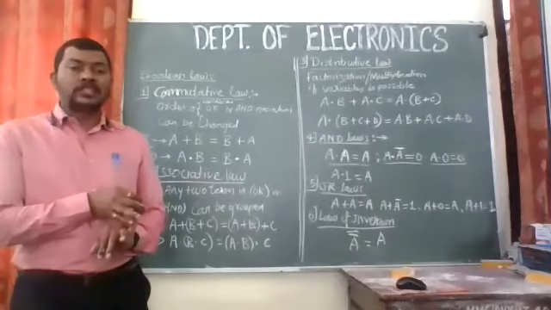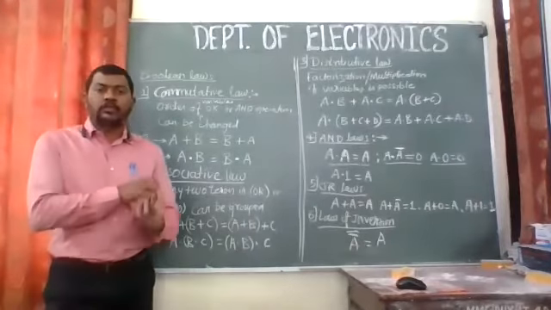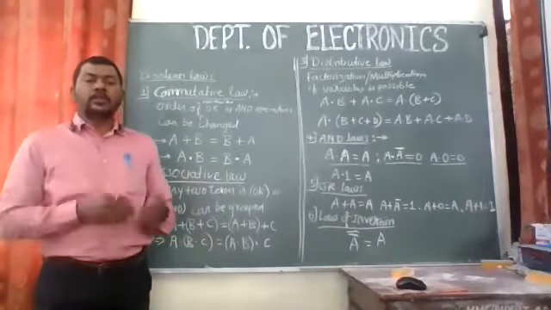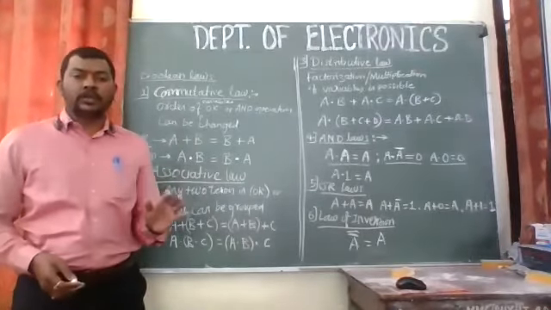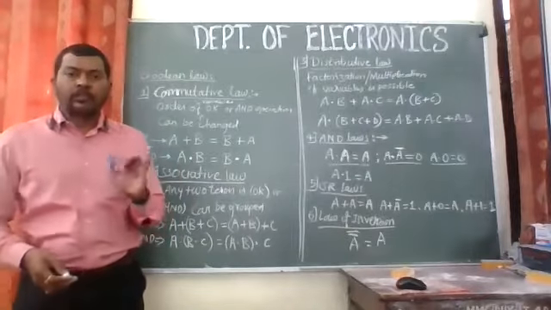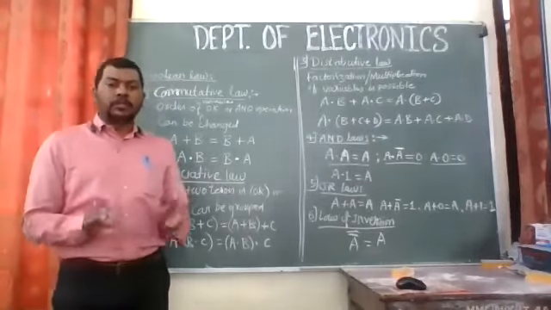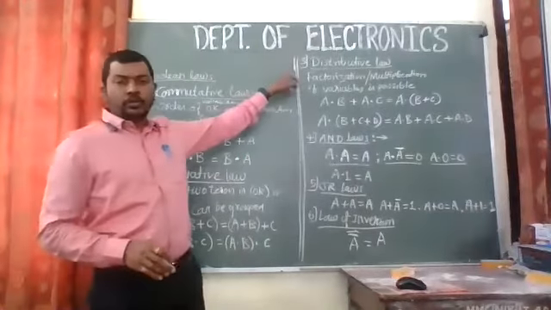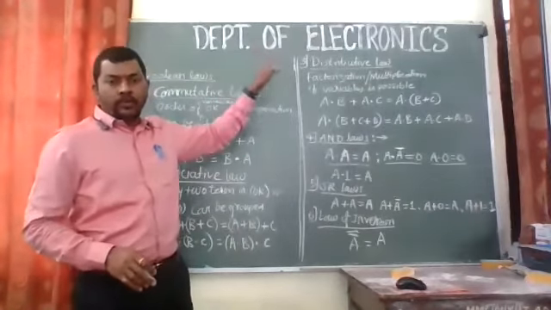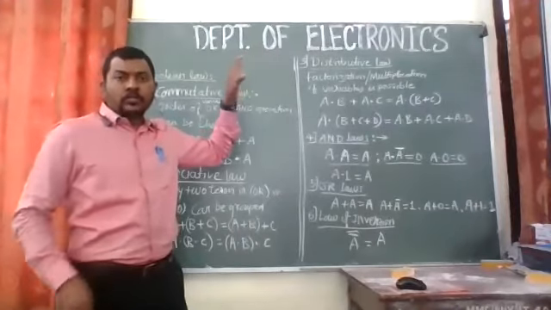The third law is called the distributive law. In the distributive law, we can do the factorization as well as the multiplication. So factorization and multiplication of variables is possible. This is the distributive law, the third law of Boolean expression, right?